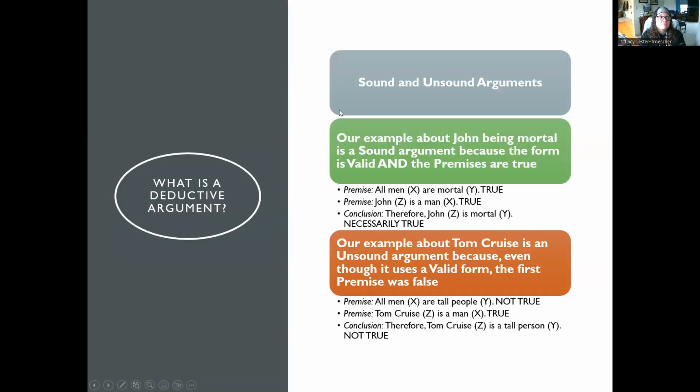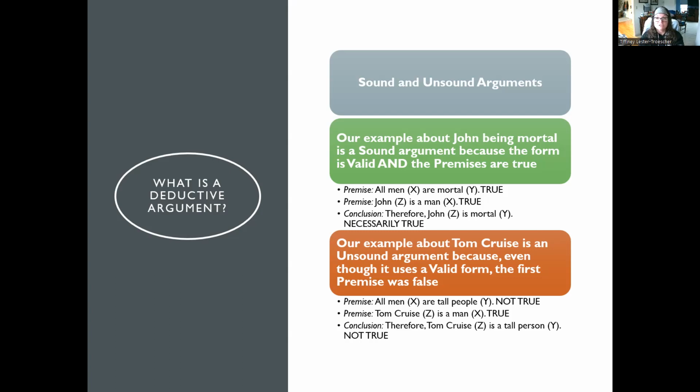Now, what happens when you look at the form and it's like, okay, this follows the correct pattern. We have a valid argument. Now we have to determine if it is a sound argument. Our example about John being mortal is a sound argument because the form is valid and the premises are true. All men are mortal. That's true. And it follows the right pattern, x equals y. John is a man. Also follows the correct pattern, z equals y.